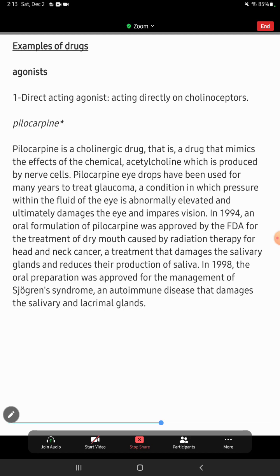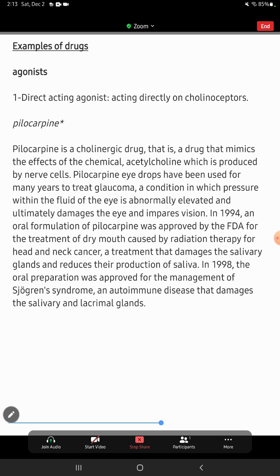Examples of drug agonists: direct acting agonists act directly on cholinoceptors. Pilocarpine is a cholinergic drug, that is, a drug that mimics the effect of the chemical acetylcholine, which is produced by nerve cells.